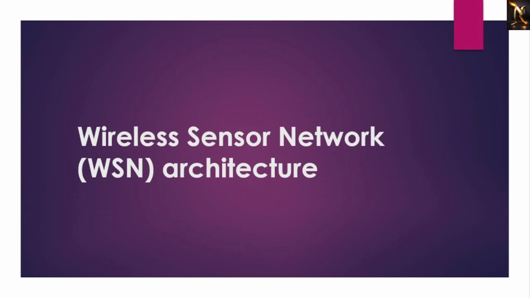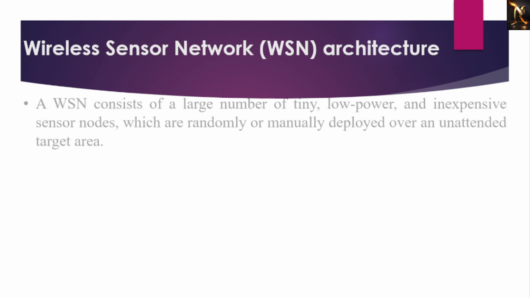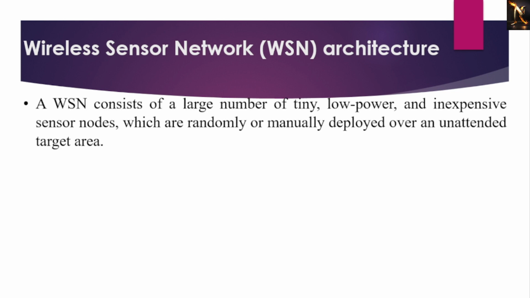Now, let's explore the architecture associated with wireless sensor nodes. A wireless sensor network, WSN, comprises numerous small, low-power, and cost-effective sensor nodes deployed randomly or manually across an unattended target area.